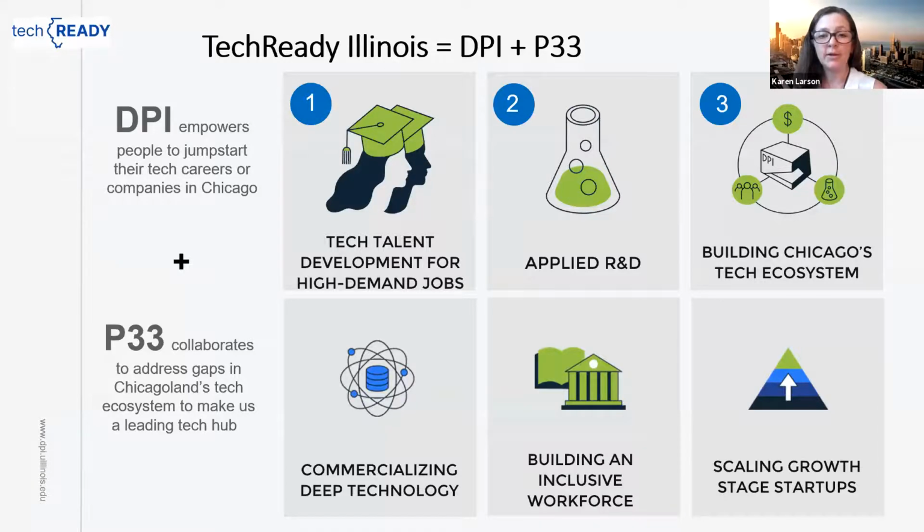And P33 is a privately funded nonprofit focused on driving inclusive global tech and innovation leadership for Chicago. P33 collaborates to address gaps in Chicagoland's tech ecosystem to make Chicago a leading tech hub. They work to commercialize deep technology, build an inclusive workforce, and scale growth stage startups. So you can see that there's a nice overlap between these 2 organizations. Go ahead and forward to the next.